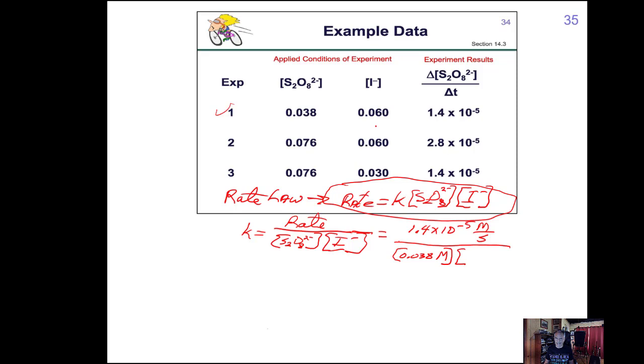Same thing for iodide. In experiment 1, 0.060 molar, also raised to the first power because it's first order.